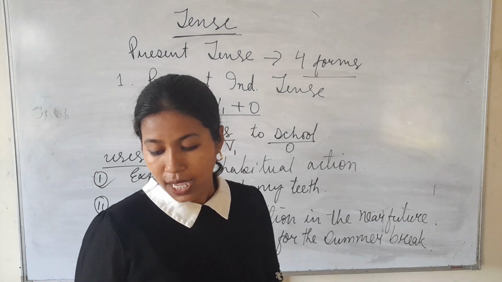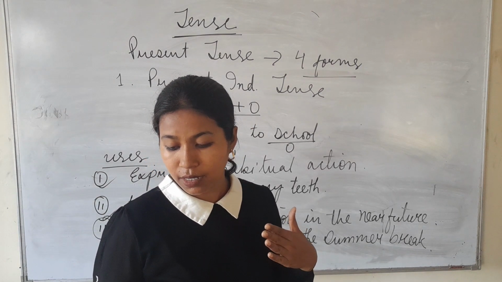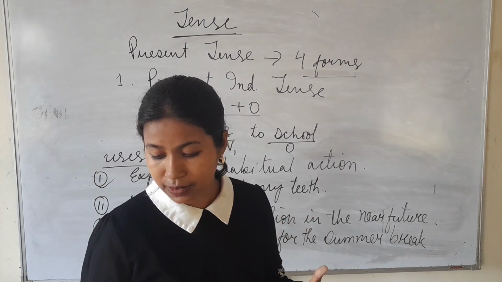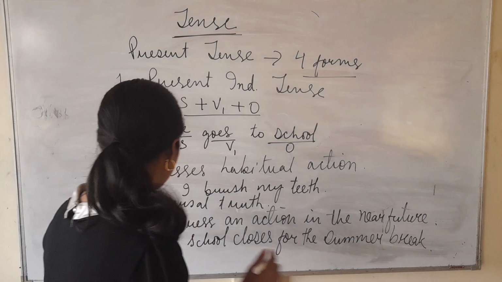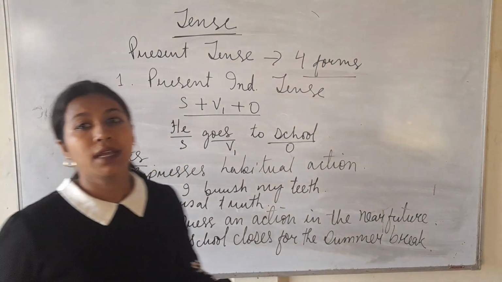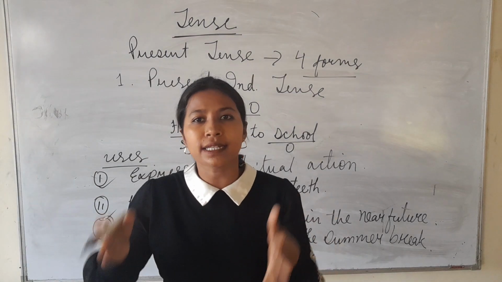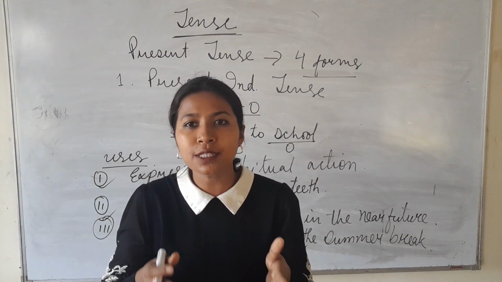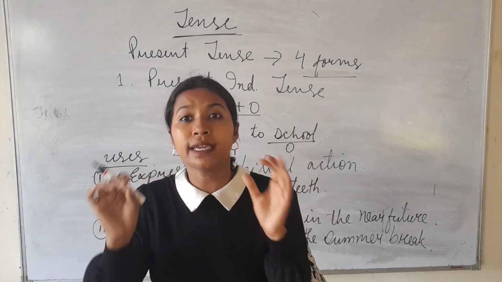This is the third. And the fourth is we always use present indefinite tense when the exclamatory sentence begins with here and there. So there are some exclamatory sentences which begin with the introductory here and there.